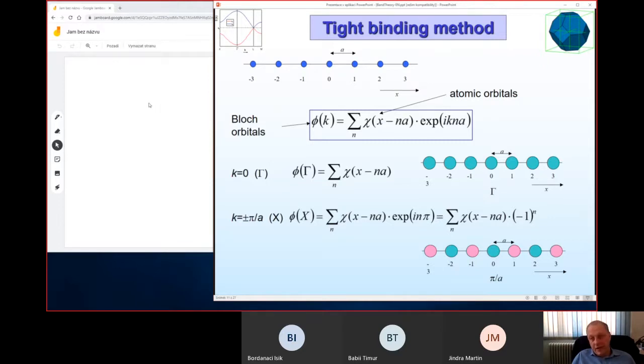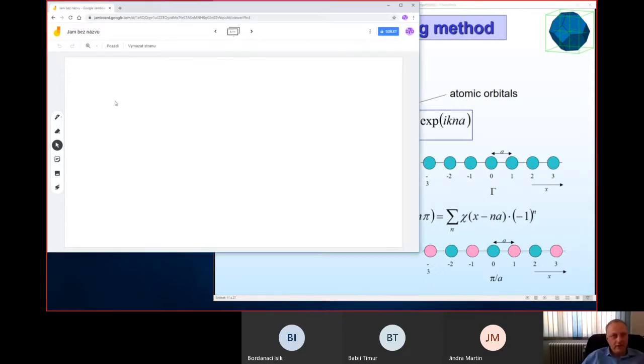So in 3 dimensions, this exponential part would be slightly different. It would be the exponent of i, the complex unit, times k, which in 3 dimensions is a vector with 3 components, times Rn, and Rn is the vector defining a given unit cell.